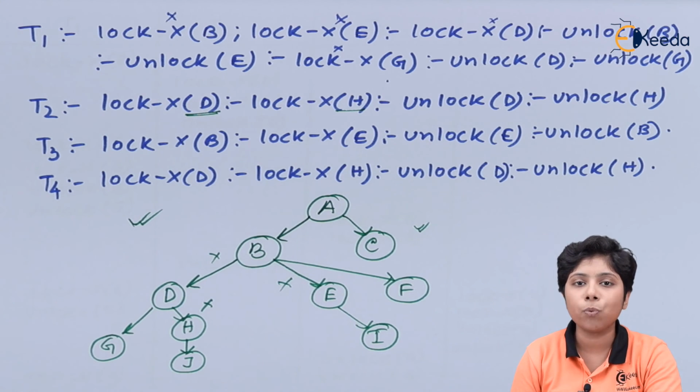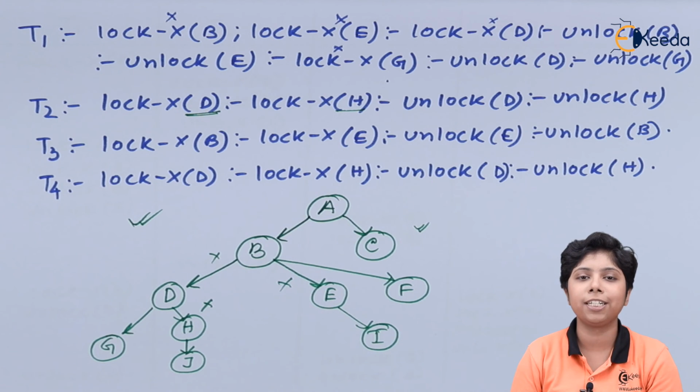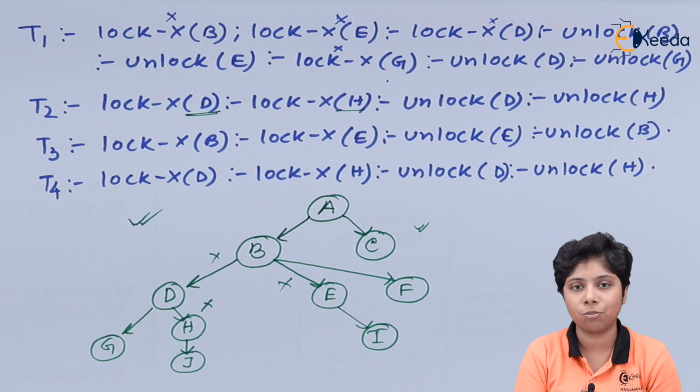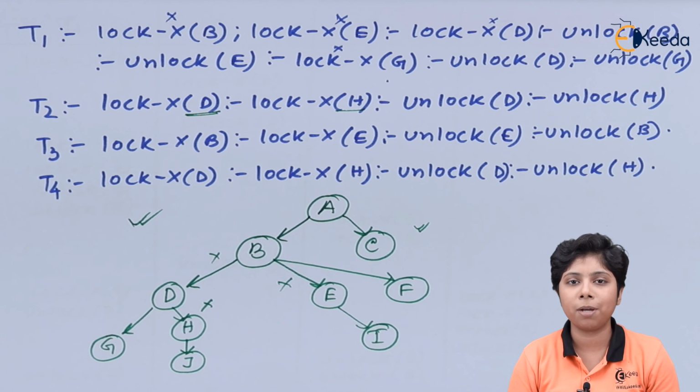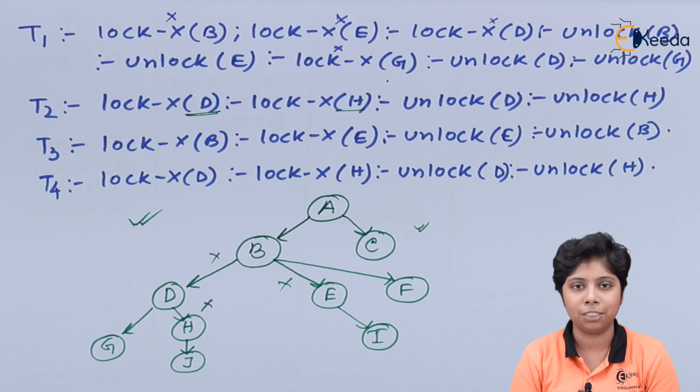So there is extra overhead of acquiring locks on data items that are not accessed by the transactions. This overhead is not a big matter when we look at ensuring conflict serializability.